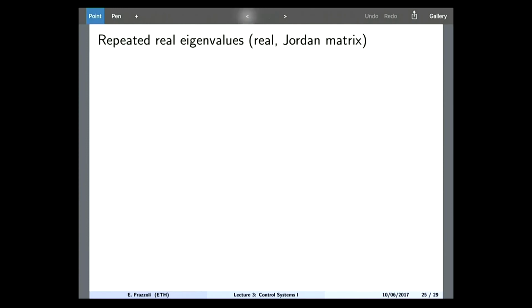Let's look at an example of a system which has these repeated eigenvalues. This is one of the simple examples that you can imagine. It is just a mechanical system where you have m times a equal to f. That is something that you can write as m x double dot equal to f. This is my differential equation.